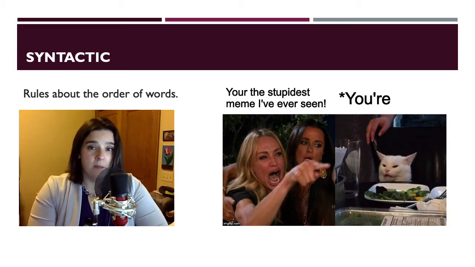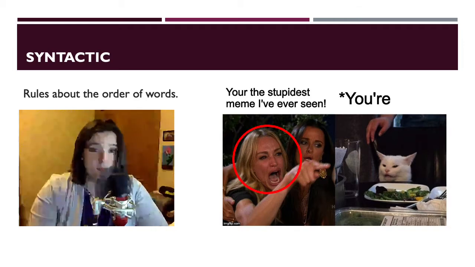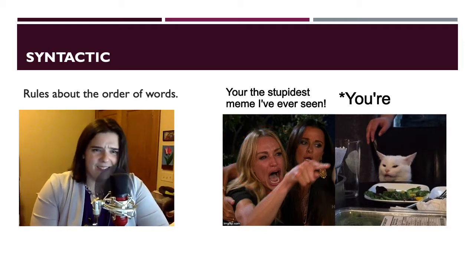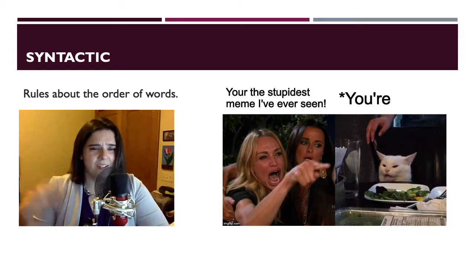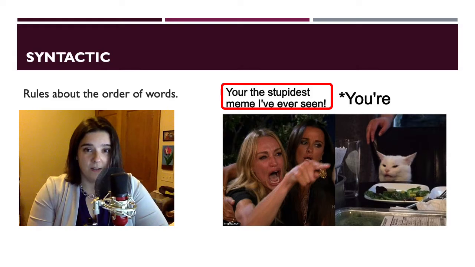When we look at the meme, the woman has to be here, the cat has to be here, because she is yelling at the cat. The cat can't be over here, because then she's not yelling at the cat. The transaction doesn't make sense. Her comment has to be here in the meme, because this is the thing that she is saying.